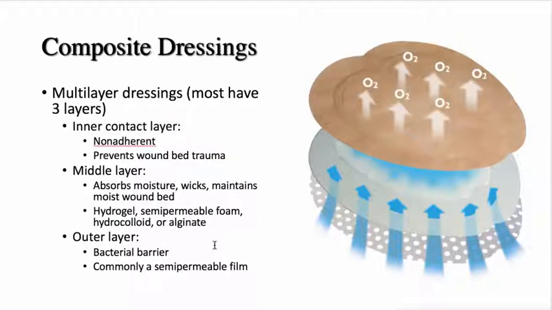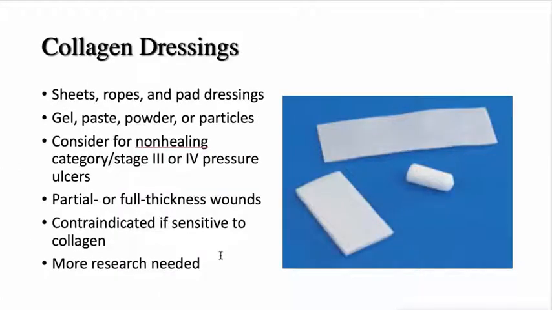Composites are multi-layer dressings, and they usually have 3 layers. An inner layer that's not adherent, prevents trauma to the wound bed, a middle layer that absorbs moisture, and an outer layer that's a bacterial barrier, usually a semi-permeable film.